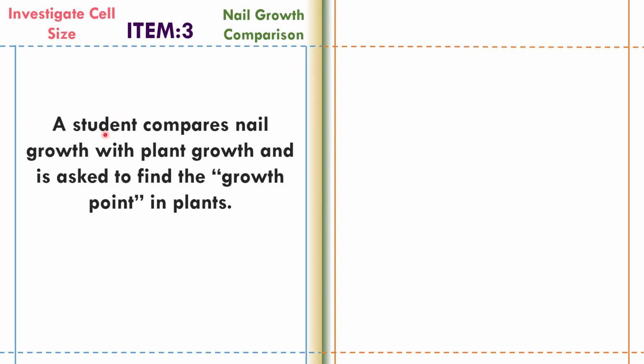We are still looking at investigating the cell size. Item 3: nail growth comparison. A student compares nail growth with plant growth and is asked to find the growth point in plants.